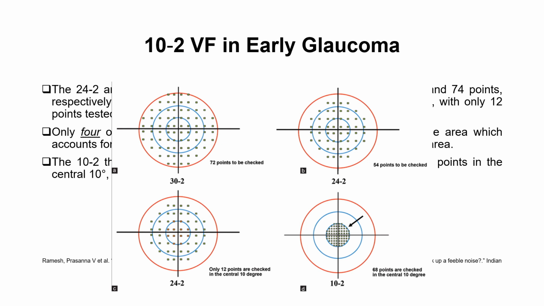Comparing, see here, in the 10-2 visual field, there are 68 points checked in the central 10 degrees, 5 times higher than the 24-2 or 30-2.